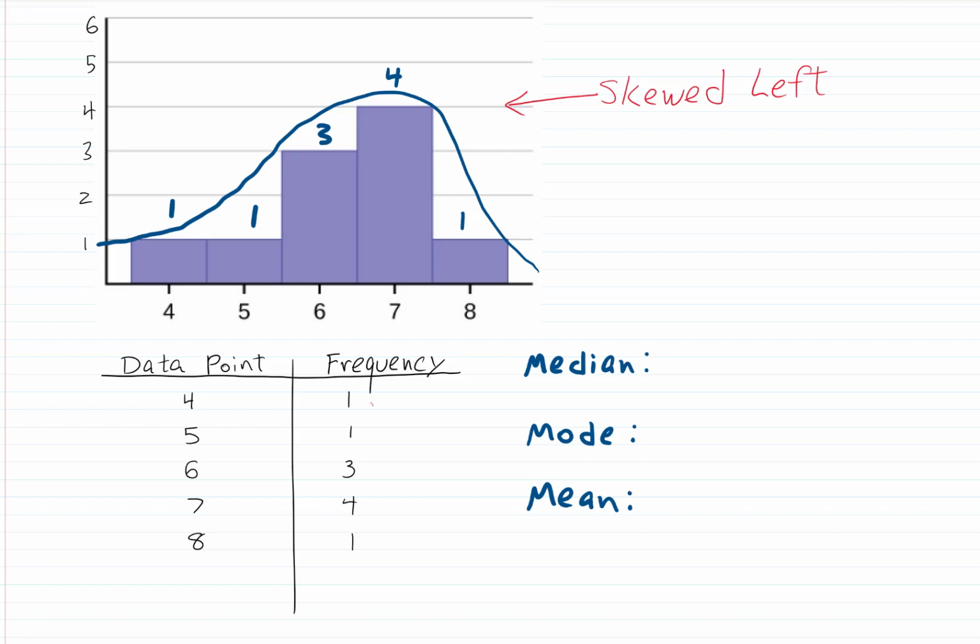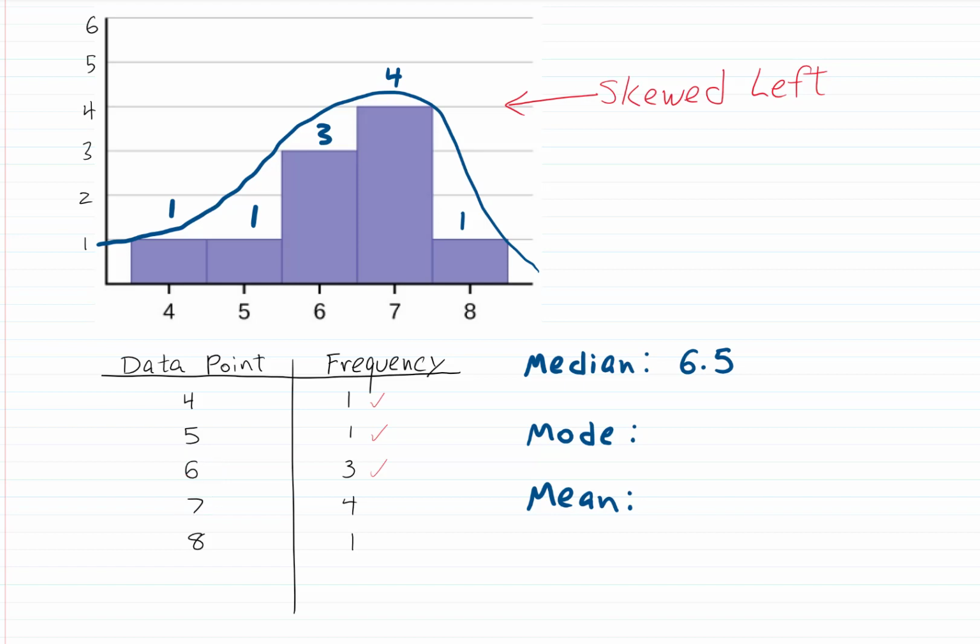Count. 1, 2, and 3 more makes 5. So the 5th data point is a 6. And the 6th data point will be a 7. And so the median is halfway between 6 and 7. Well, that is 6.5, isn't it? That's the median.